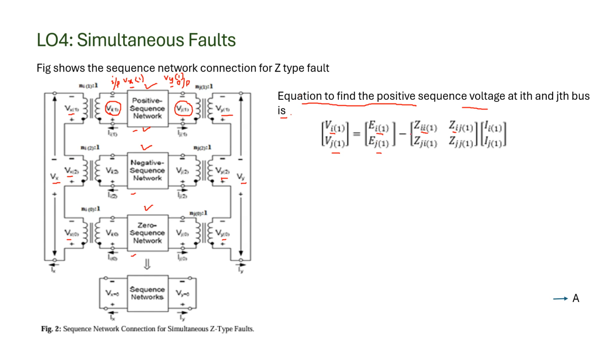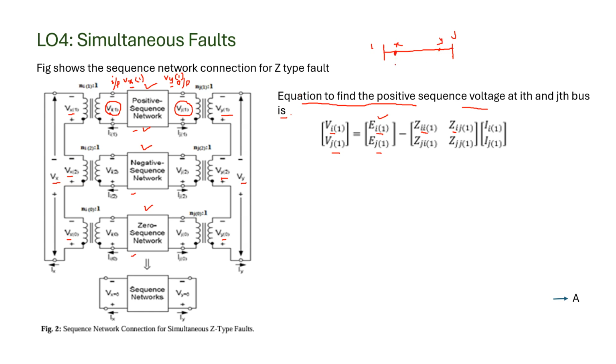Now I will just explain the terms here. Suppose you have the ith bus and the jth bus, this is point X where an LG fault has taken place, and this is Y where another LG fault has taken place.